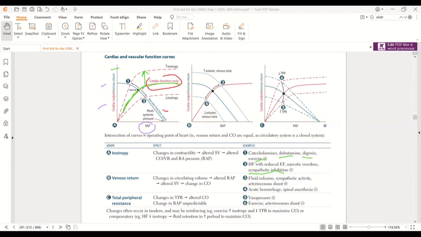So this one is normal, and if the patient is suffering from heart failure, what happens to their contractility? Will it increase or decrease? Decrease. So they give you the clinical vignette of heart failure, and they give you 4 to 5 graphs, and you have to identify the right graph, the right option regarding these kinds of graphs.